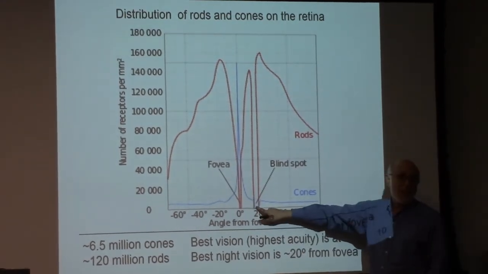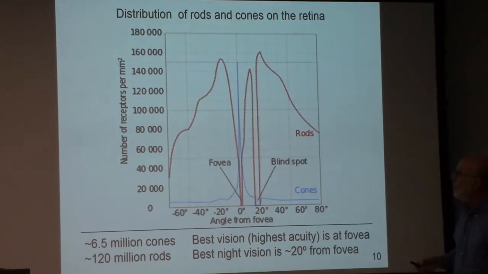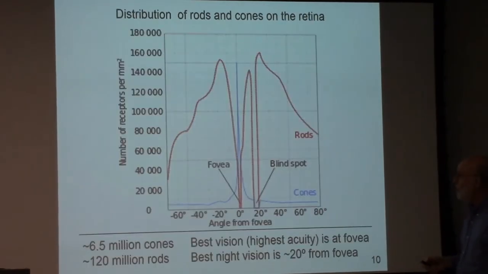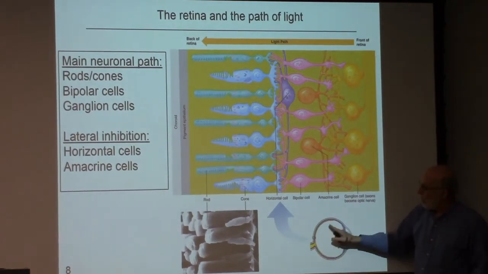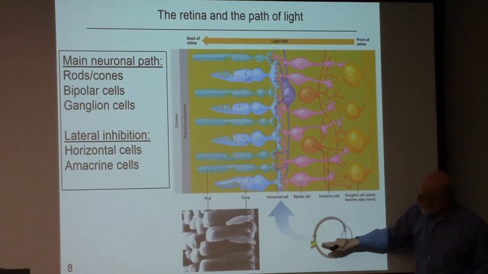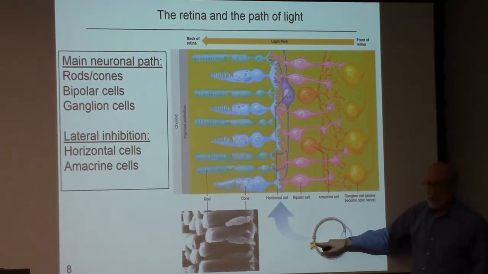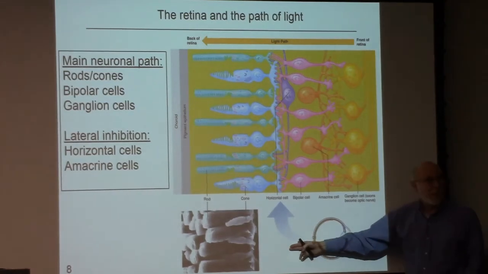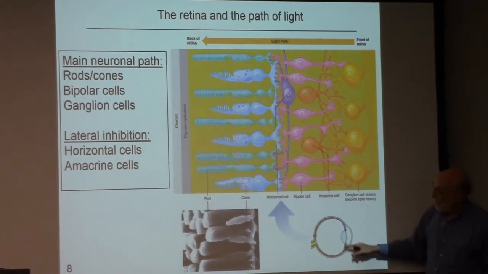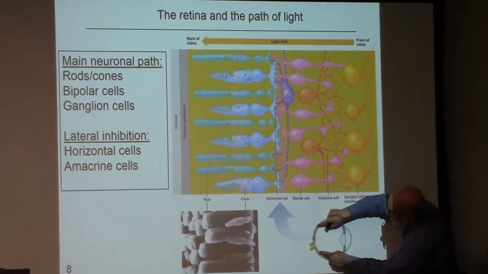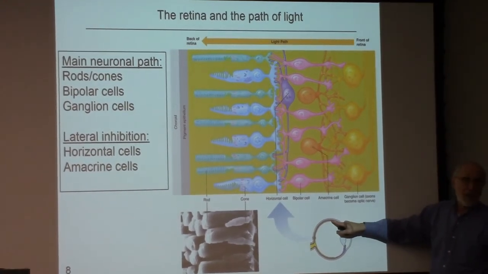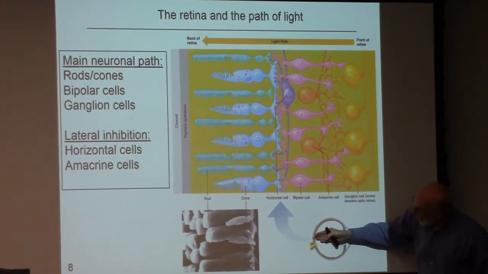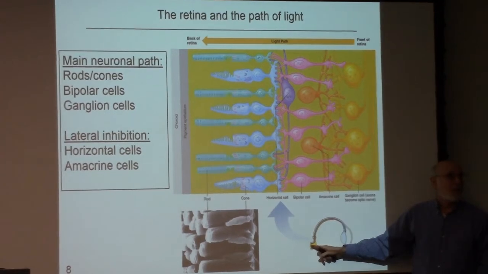There is a blind spot, which is where all of the axons from those ganglion cells have to go out the back. All these ganglion cells on the inner surface of the retina are going out the optic nerve.